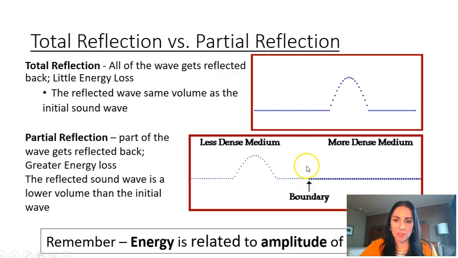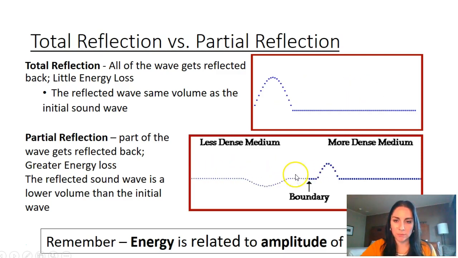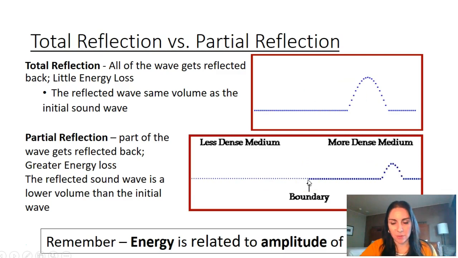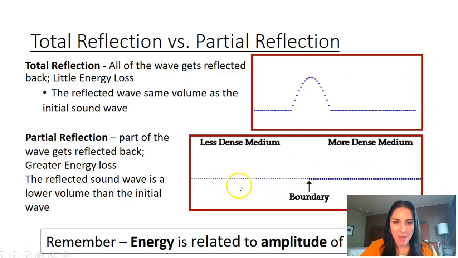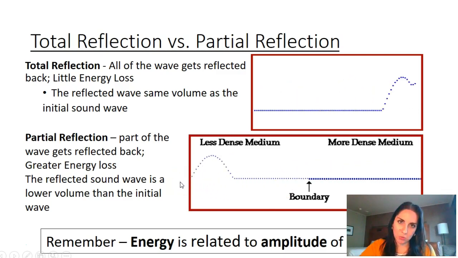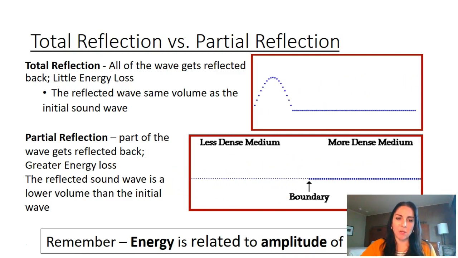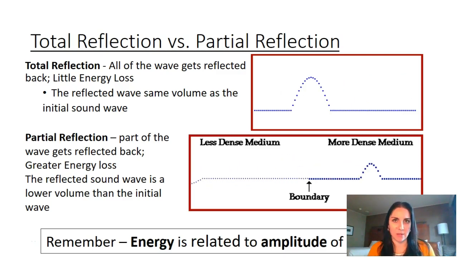When this wave hits the wall, not only does it invert, which I'm not really going to talk about, but more importantly, notice that the wave that comes back is not as high as what it started with. Notice it's smaller, right? This is higher and this is smaller. That's partial reflection. It comes back softer. This is generally the case of sound waves. Sound waves hit a wall, they come back, and they're definitely a lot softer.